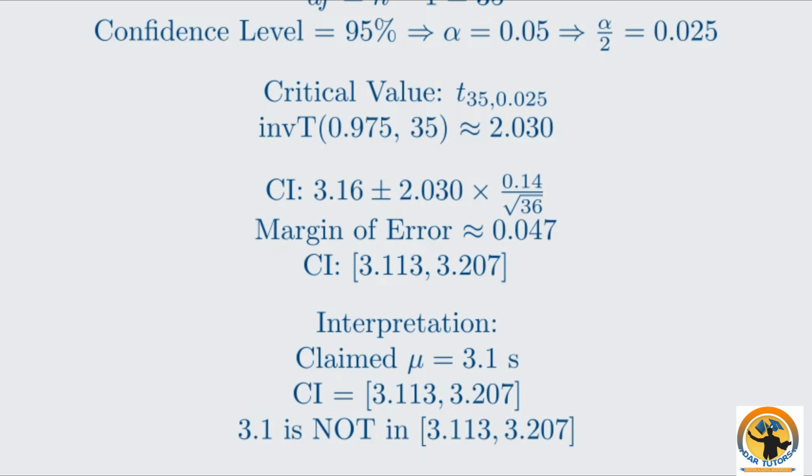Furthermore, the entire interval is above 3.1 seconds. This suggests that the true mean stopping time for the new tread is actually higher than 3.1 seconds, which directly contradicts the company's claim. Therefore, the production team's claim does not appear to be justified by the data.